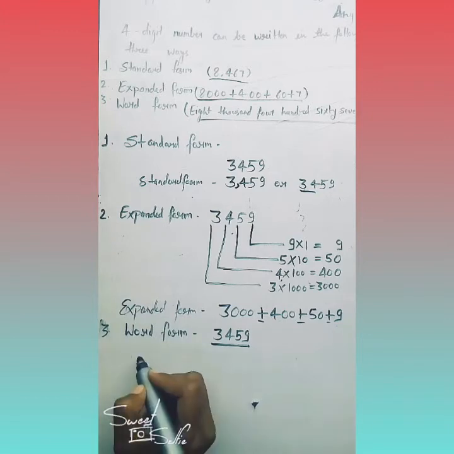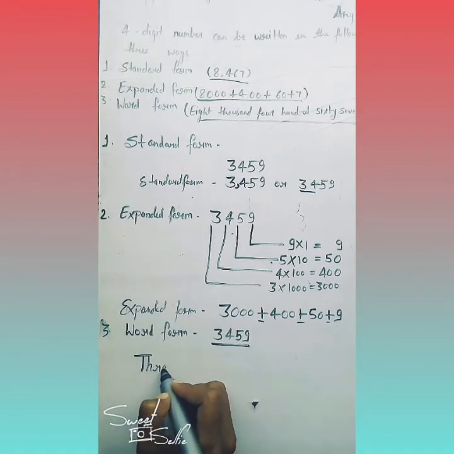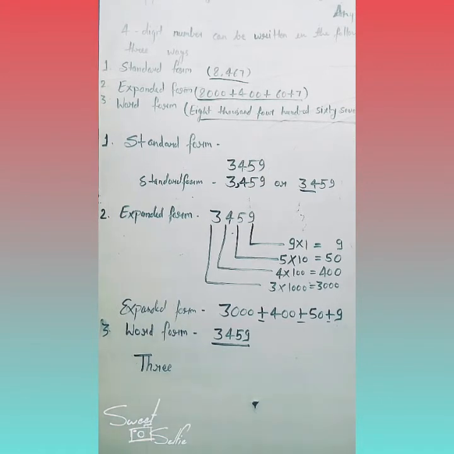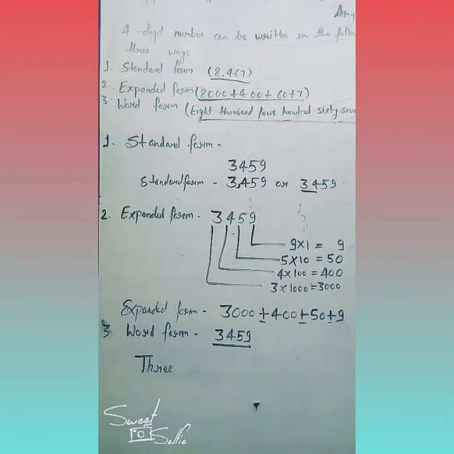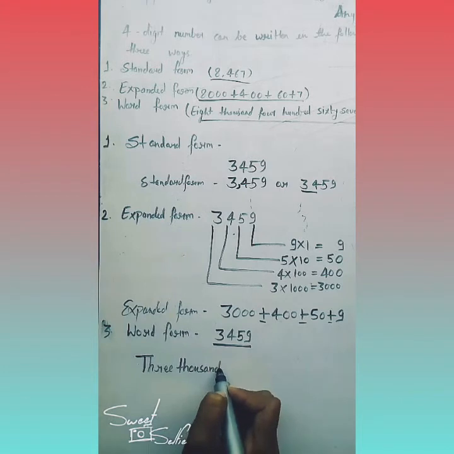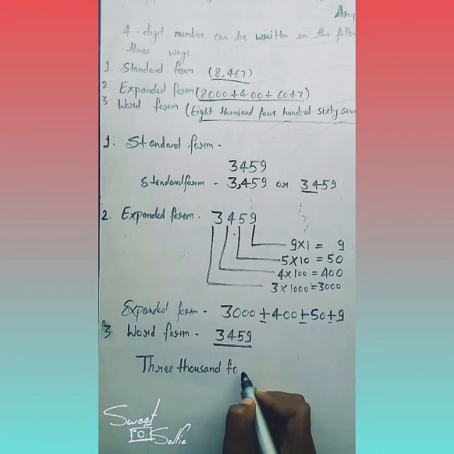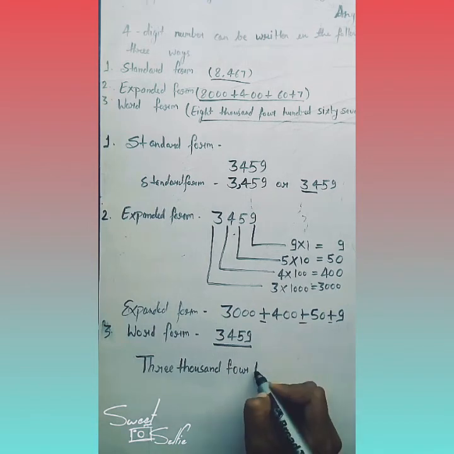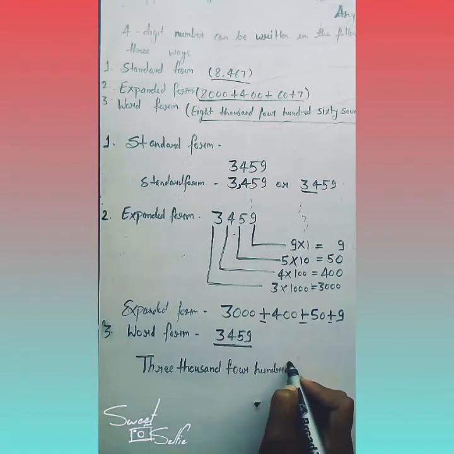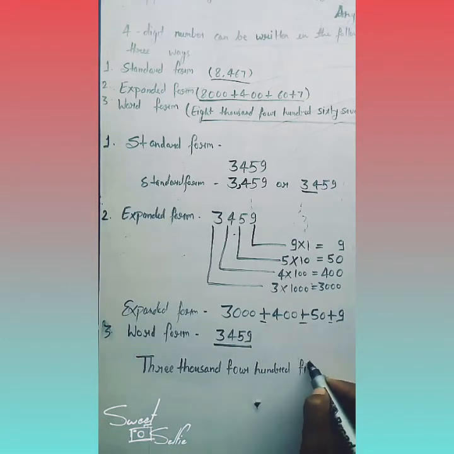So we will write 3, THREE, 3000, THOUSAND, 400, FOUR HUNDRED, and 50, FIFTY, 59.